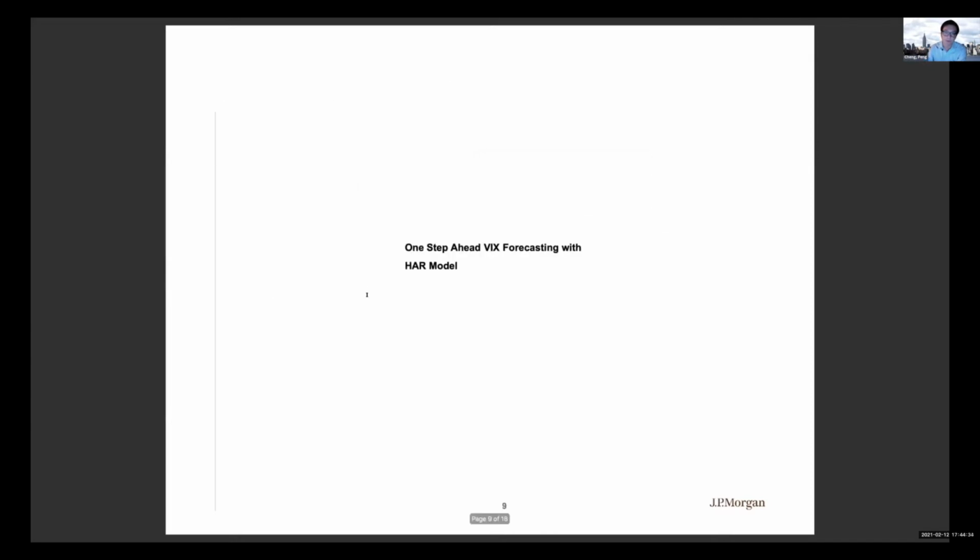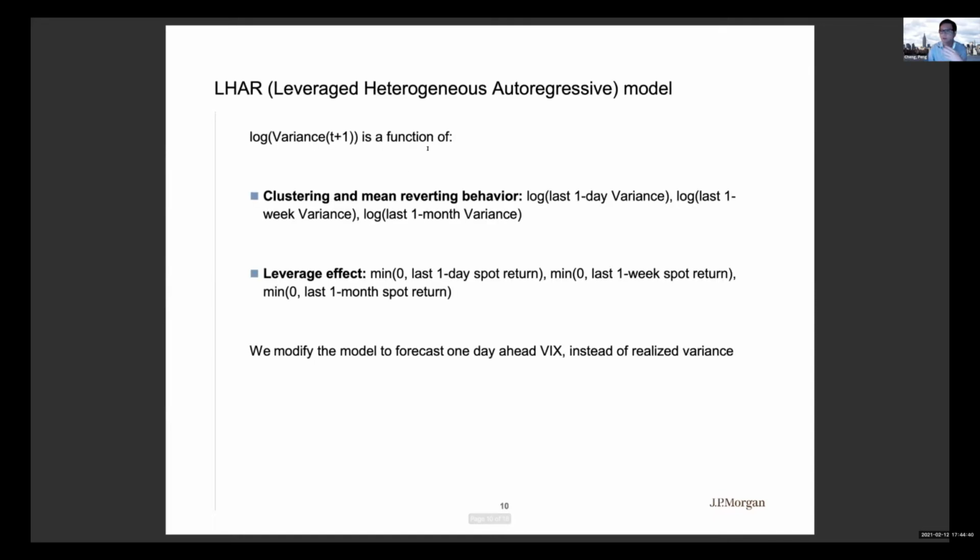So does that improve our performance? What should we use for forecasting VIX a step ahead? As I mentioned, GARCH is the standard for forecasting a day-ahead value if we only have close-to-close data. But we can actually use intraday data and utilize a model called the heterogeneous autoregressive model, or the HAR model.